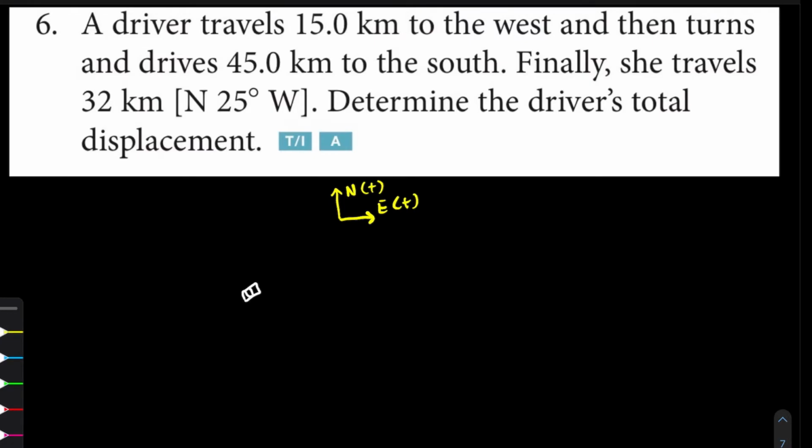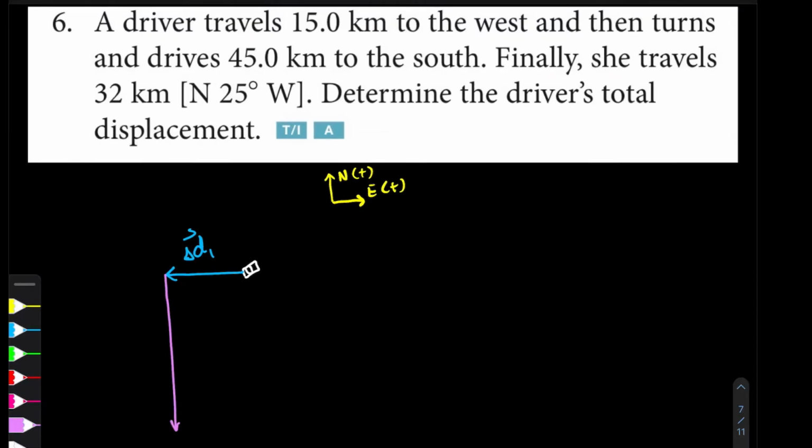So we have a car, and the first displacement that this car undergoes is 15 kilometers west, delta D1. The second displacement, the driver turns and drives 45 kilometers to the south, delta D2.